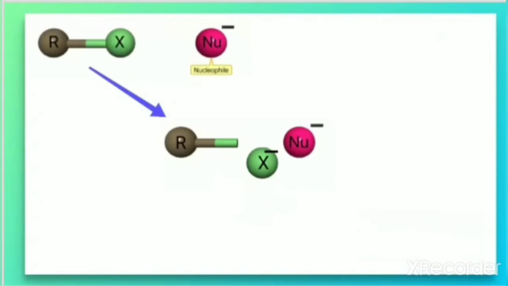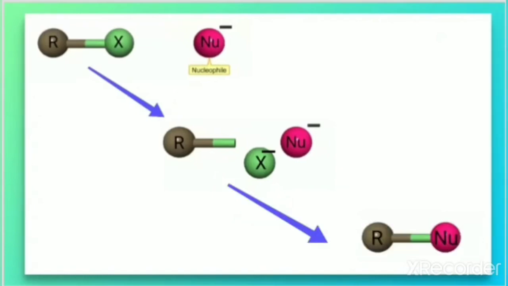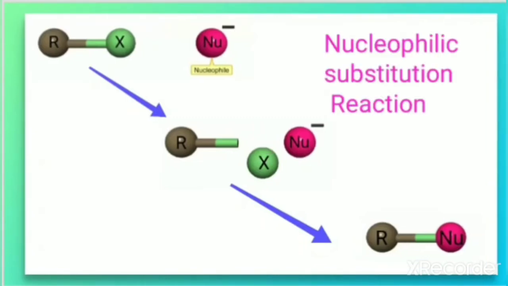At the time, the nucleophile forms a bond with the alkyl group, so forms R-Nu. Now the nucleophile is substituted in the place of X, that is the leaving group, a halogen atom. Therefore, we can say that the nucleophile is substituted on the position of X. Therefore, this reaction is called a nucleophilic substitution reaction.